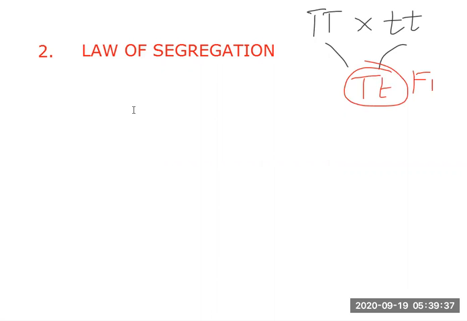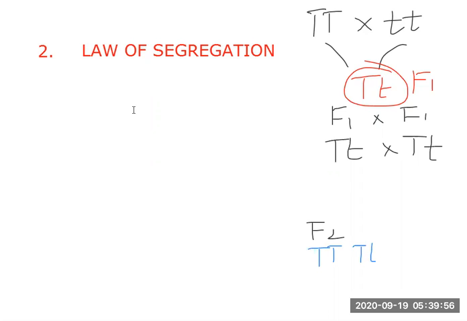Next, when we cross F1 with F1, the heterozygous tall plant with a heterozygous tall plant, in the F2 generation we obtain three tall plants and one dwarf plant.